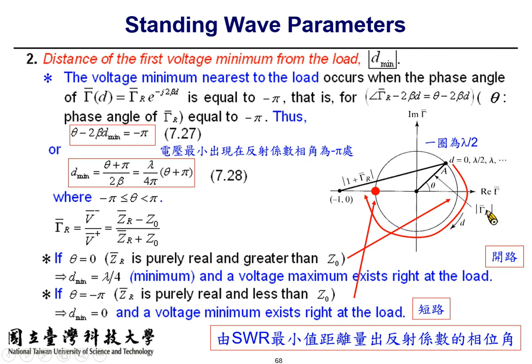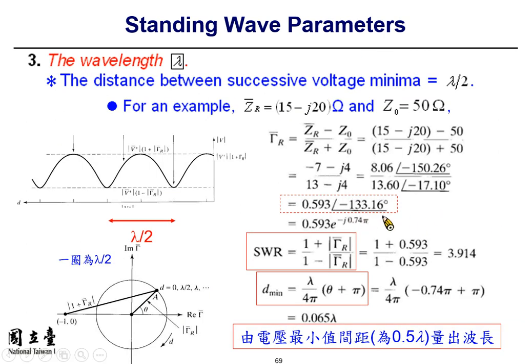On the other hand, if you terminate it with a short, then D minimum will be 0, and the angle of the reflection coefficient will be minus pi, which is 180 degrees. So the purpose of this measurement is to derive the angle of the reflection coefficient.